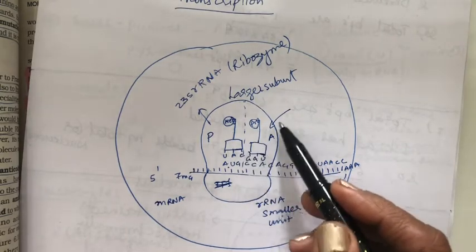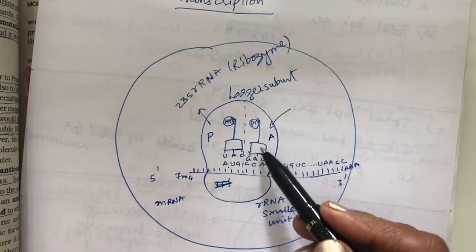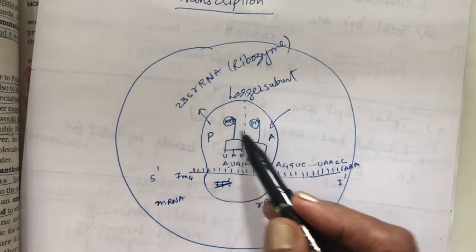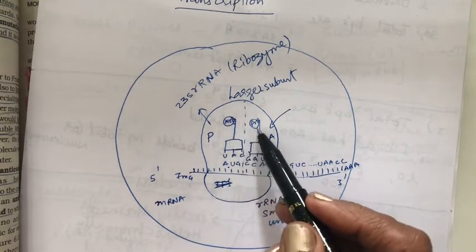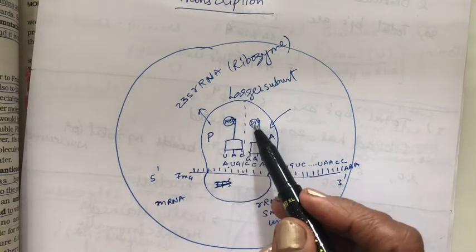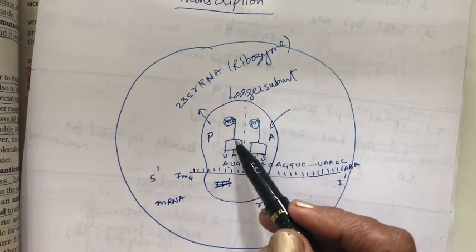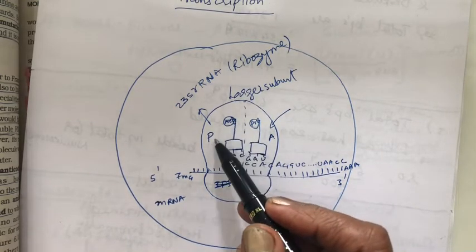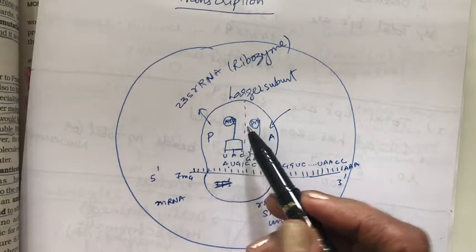As soon as another charged tRNA comes at this particular A site, there will be two charged tRNAs and two amino acids together, so these two amino acids will be bonded together by a peptide bond.